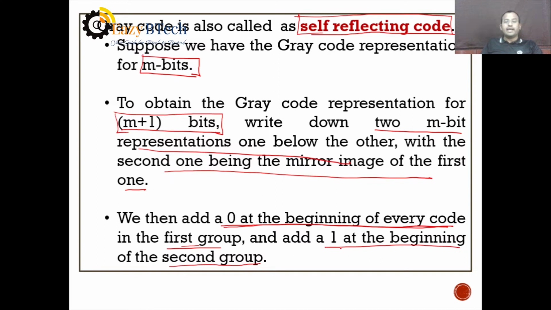That is, for the first m-bit gray code we add 0, and for the second m-bit gray code we add 1, so that we get the m plus 1 bit gray code from the m-bit gray code. We will see this with the help of an example so that we can understand.